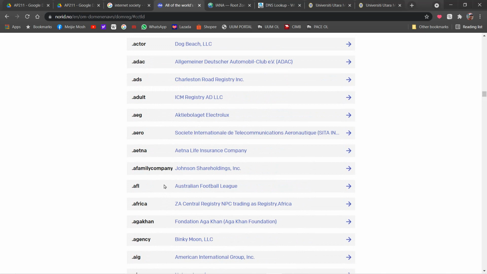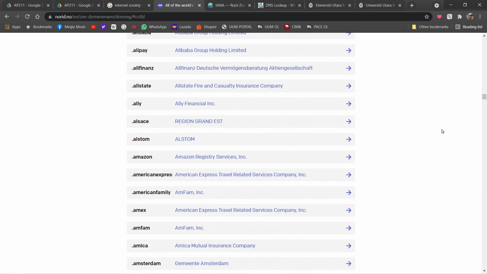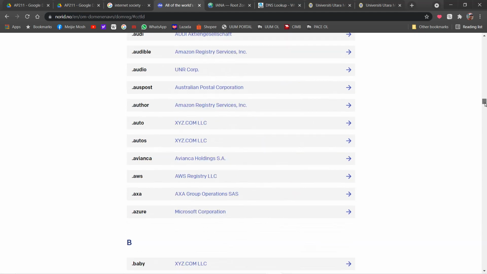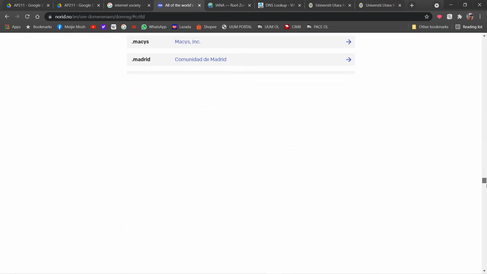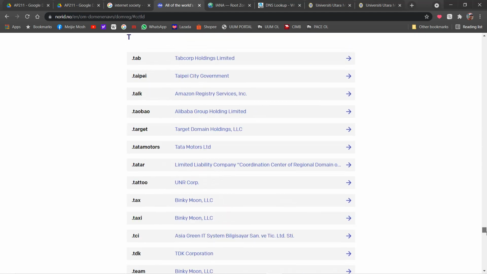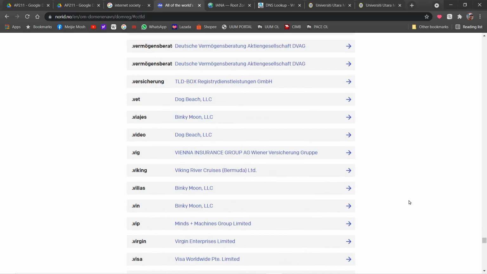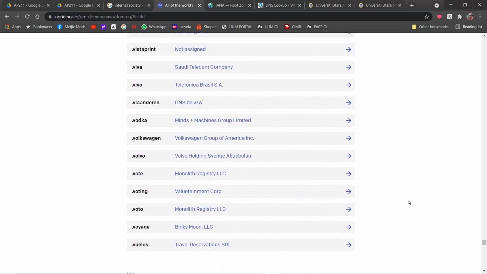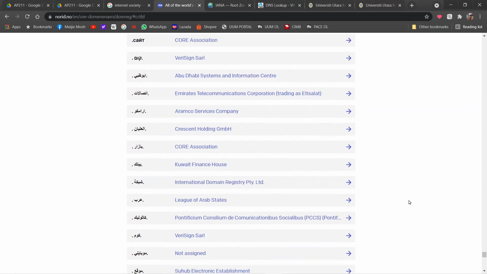So these are called generic top level domains. There are a lot of them, so you can take a look over here. There are thousands of them. The generic top level domains are not limited to three letters anymore. Previously it was limited to three letters.